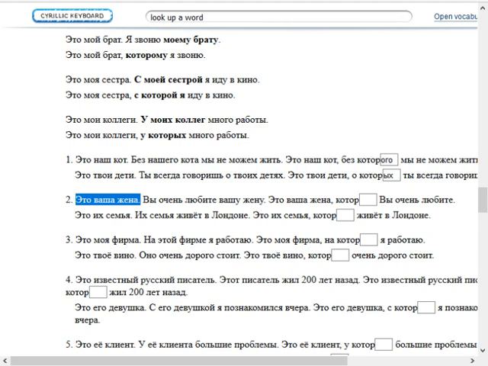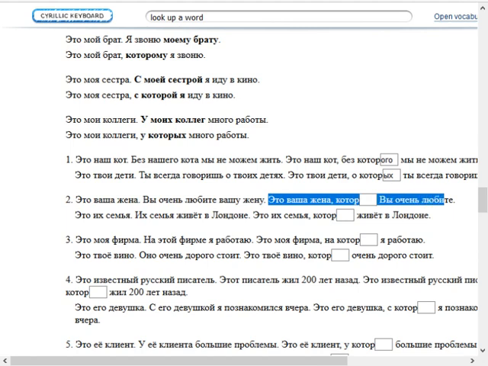Это ваша жена. This is your wife. Вы очень любите вашу жену. You very much love your wife. So the sentence becomes, this is your wife, which or whom you very much love. Wife is obviously feminine, and if you love your wife, I guess that's accusative.